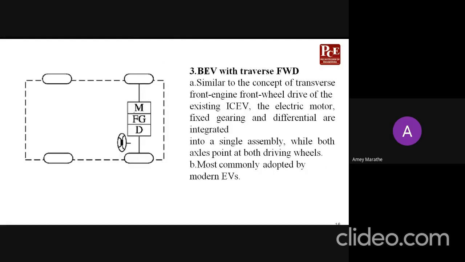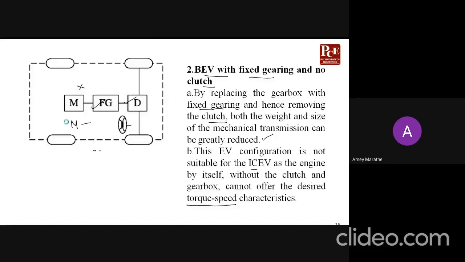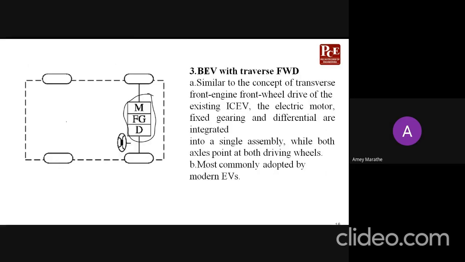Just look at this. We are improving. Now we have a battery electric vehicle with transverse front wheel drive. Here again, we have a motor, fixed gearing, and a differential. But instead of the longitudinal way, we have fixed it in a transverse way.